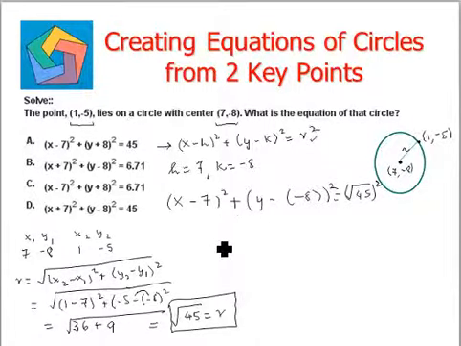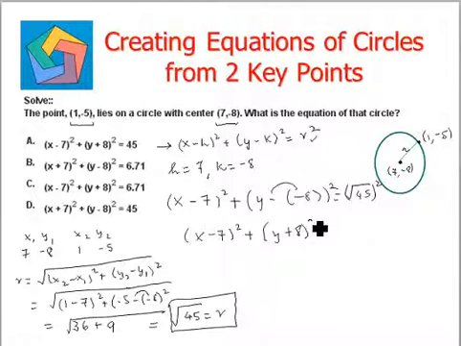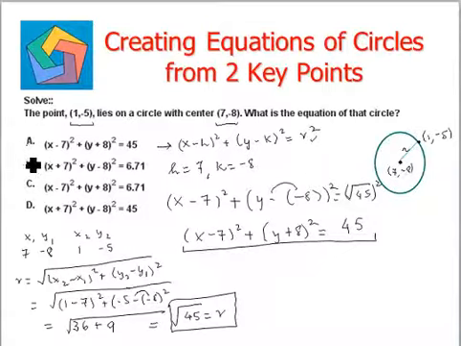Simplifying it further, (x - 7)² + (y + 8)², negative times negative is a positive, equals the square root of 45 times the square root of 45, which is nothing but 45. This is the final equation of the circle, and it is matching with option A.